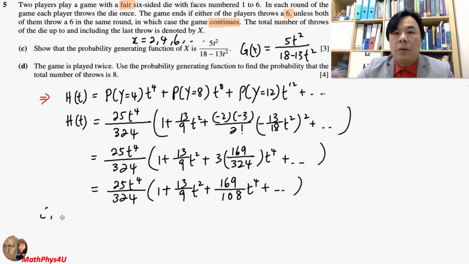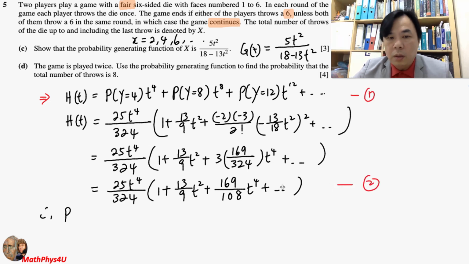Okay. Now, therefore, the probability based on the comparison between this equation here, this equation, and the result that we have obtained here, we can summarize that by saying the probability of y equal to 8 is the coefficients for t^8. So the coefficient for t^8 is basically this. If you expand this, you get t^8.